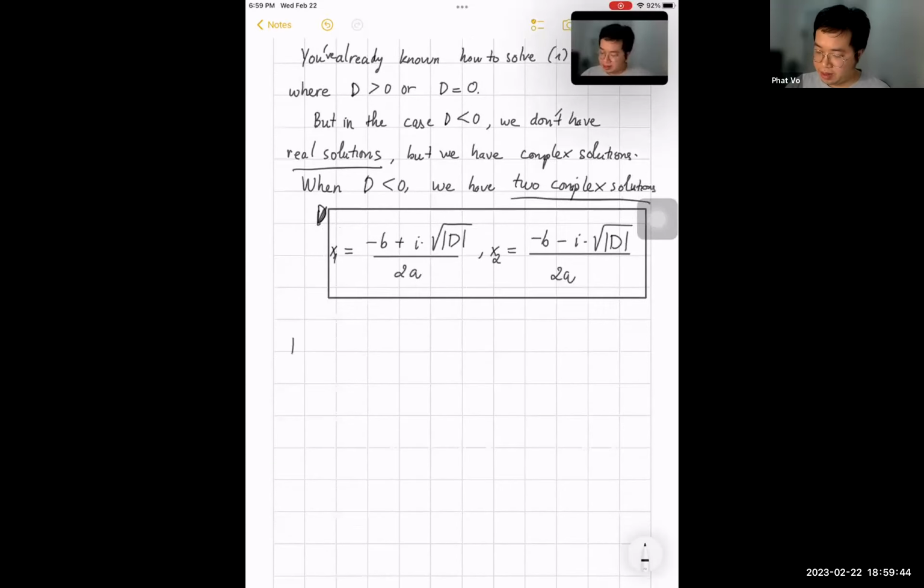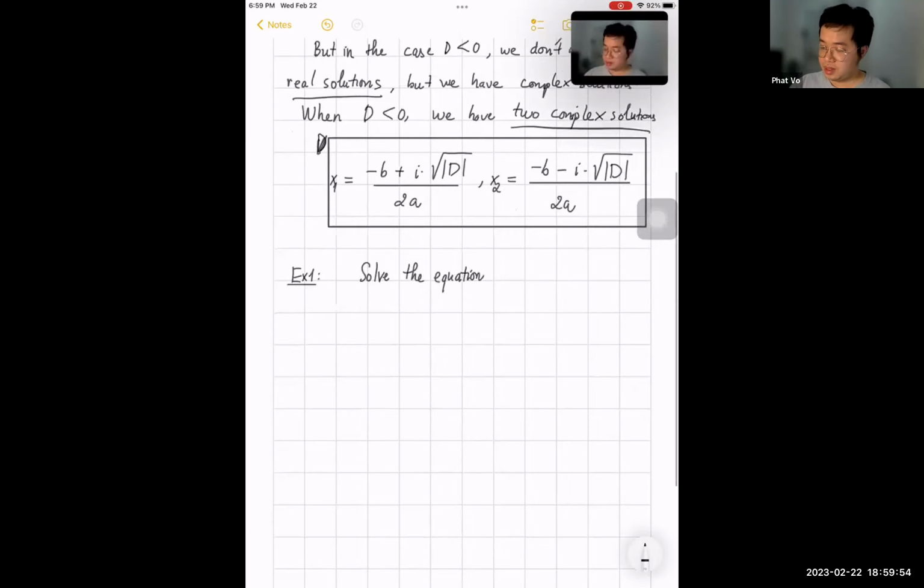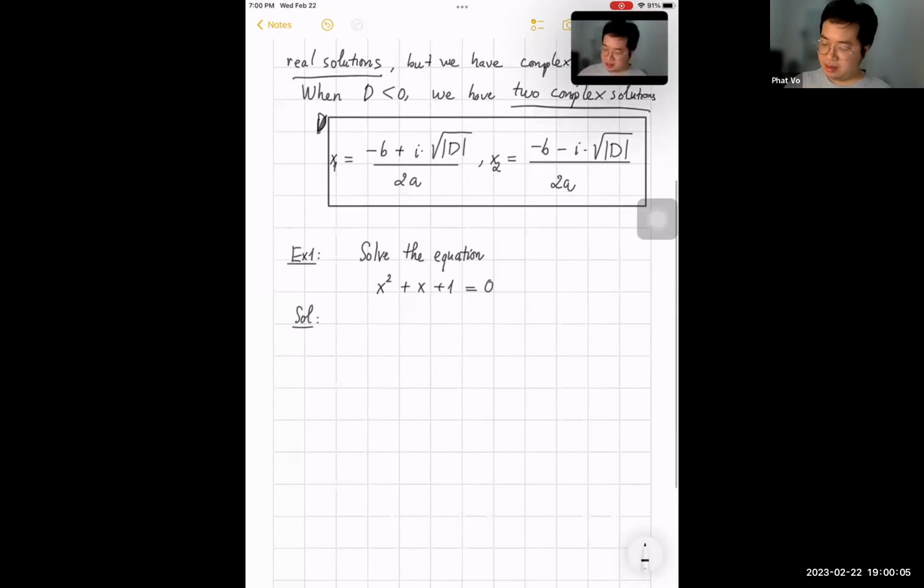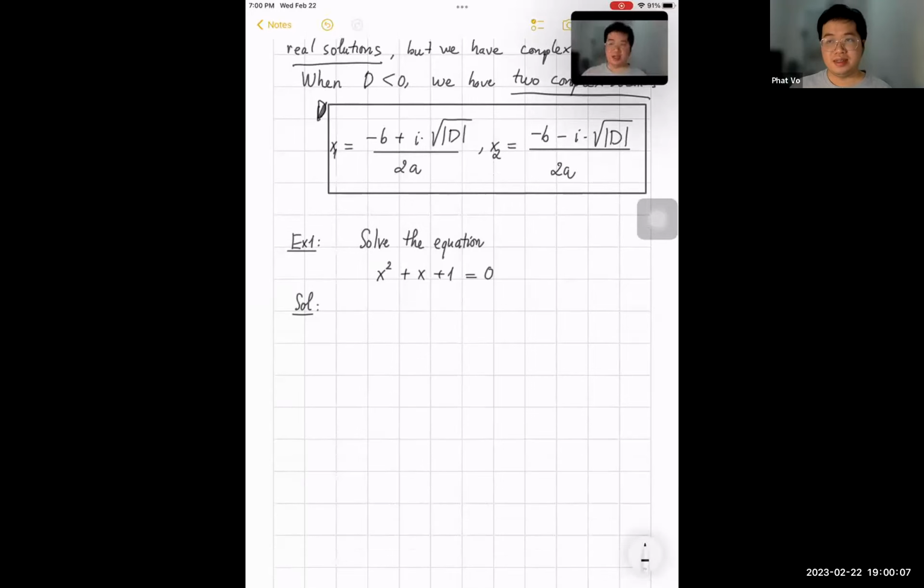Okay, example 1. Solve the equation x squared plus x plus 1 equals 0. Now we need to determine the coefficients of this equation.